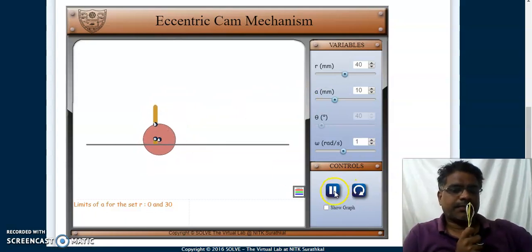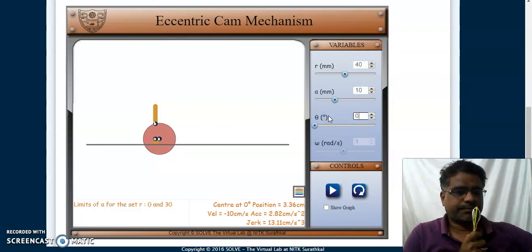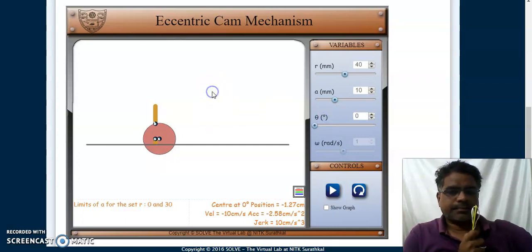If I stop this and make the angle 0 degrees, can you see, this is our center of rotation and this is the point where our cam is attached. The cam is attached at an eccentricity of A equal to 10. If I increase A, see what happens.